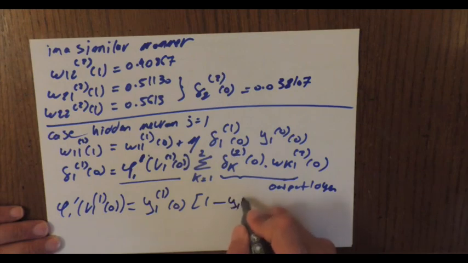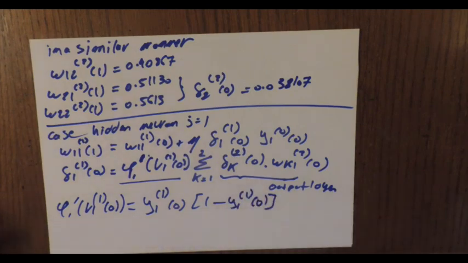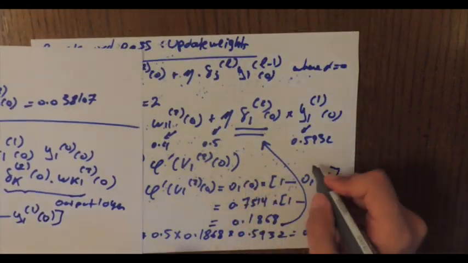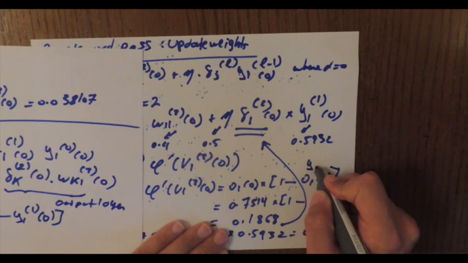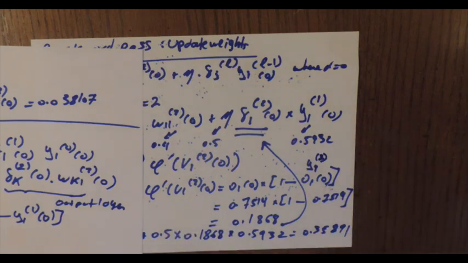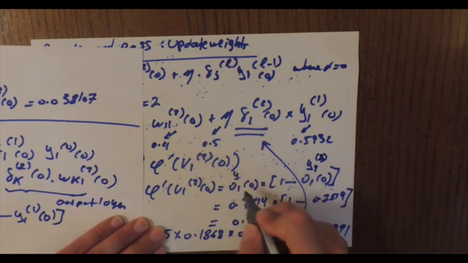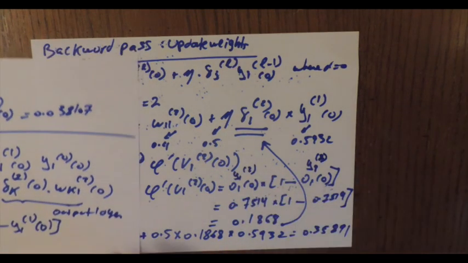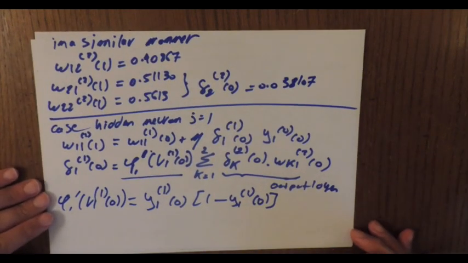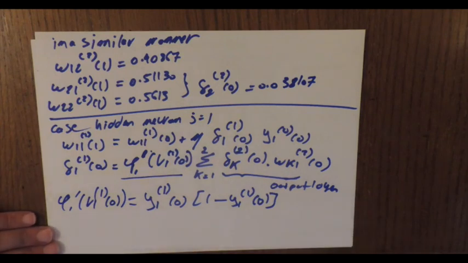So here I could have used y1 of 2, for example, instead of the output. They are the same. This is the output layer, and this is the hidden layer.